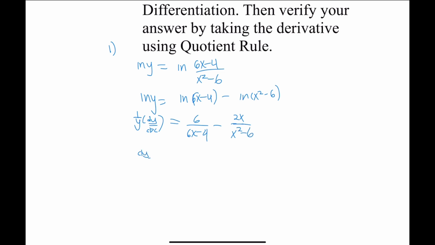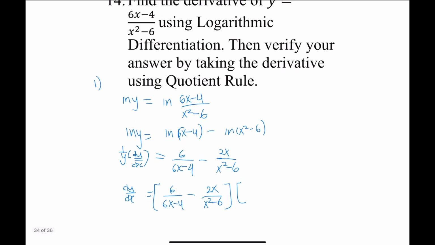And then dy over dx is basically equal to 6 over 6x minus 4 minus 2x over x squared minus 6, whole thing multiplied by our y.